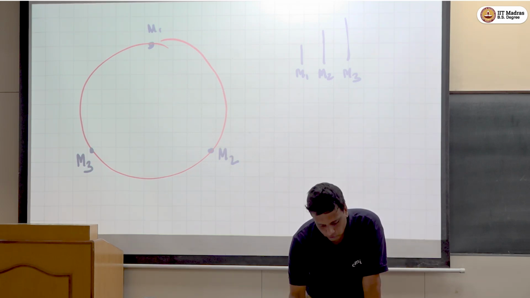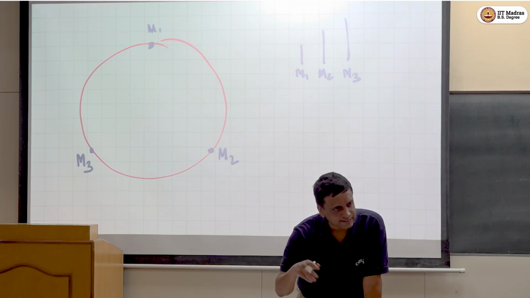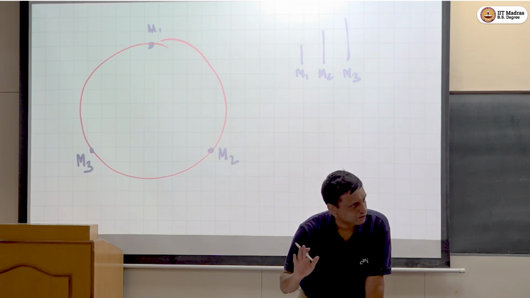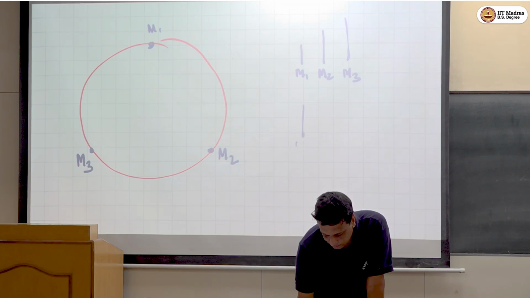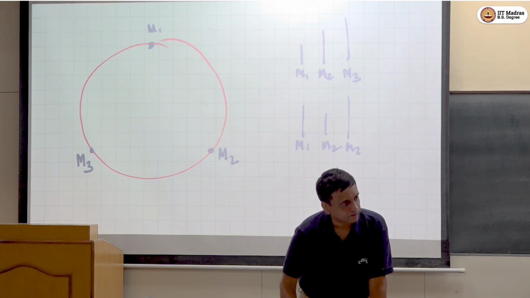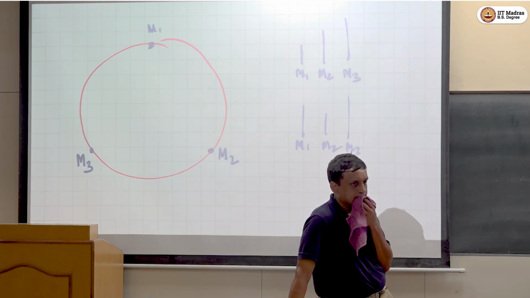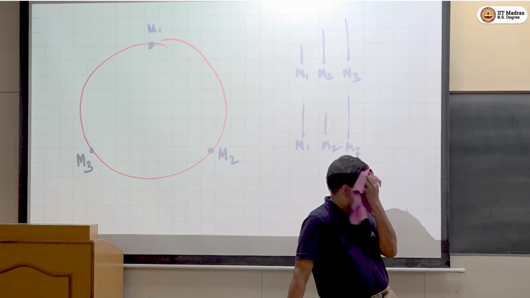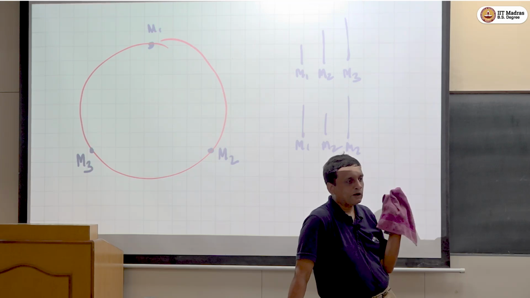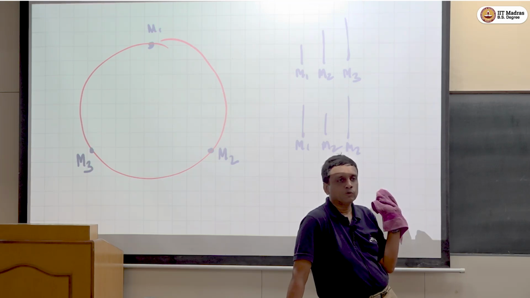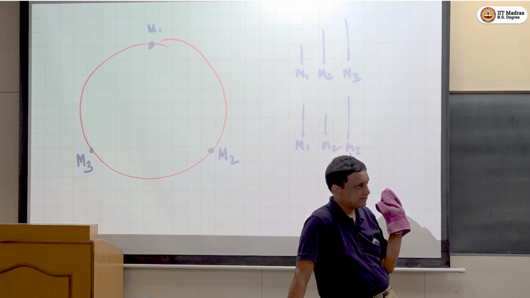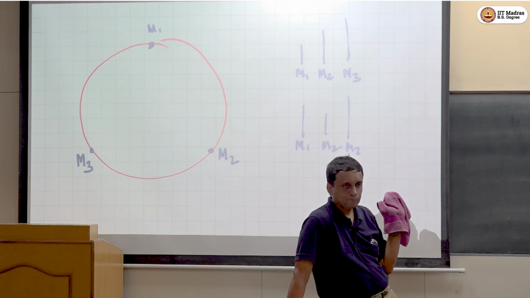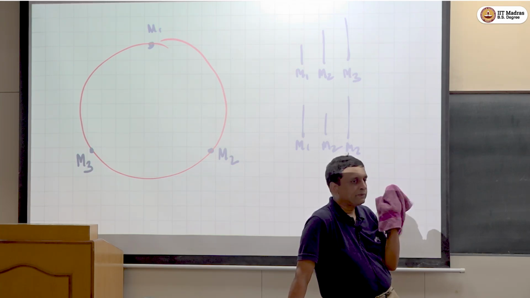Or there are many possibilities. I'm only interested in bigger and smaller. I don't care how much bigger, how much smaller. It could be on the other hand that M1 and then M2 is smaller and M3 is bigger, and so on. But whatever happens, one of these 3, because I told you that all of them have different numbers, one is biggest.